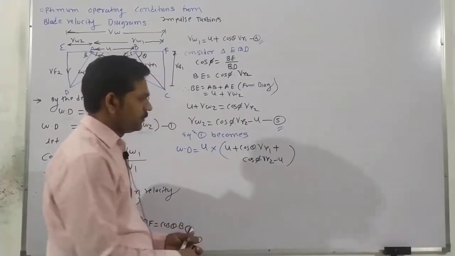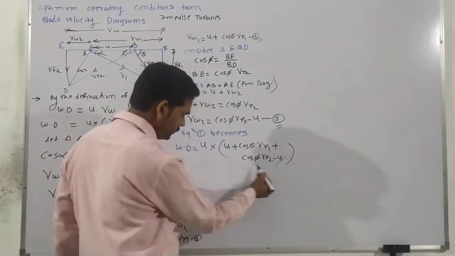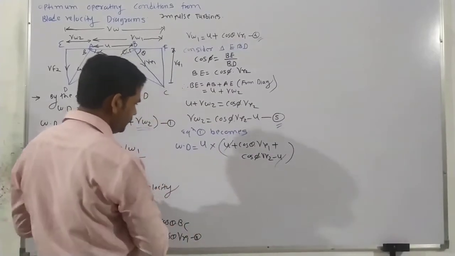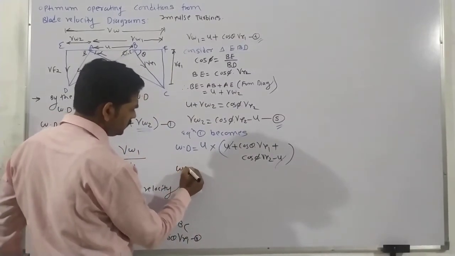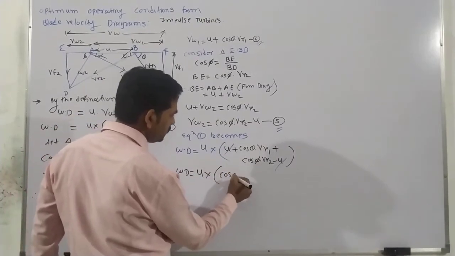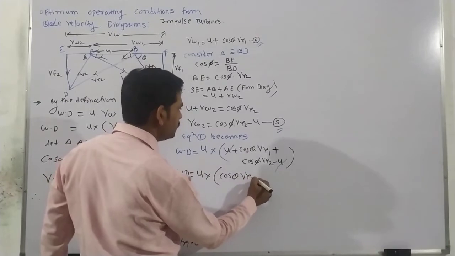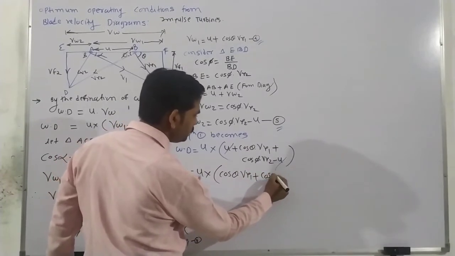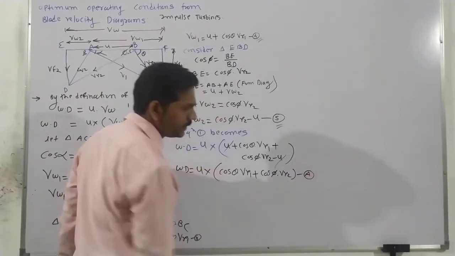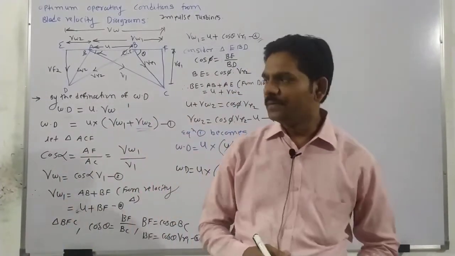This U and this U cancel, plus and minus. So the remaining equation is work done is equal to U into cos theta VR1 plus cos phi VR2. Suppose this is equation number A, capital A. We are getting this simple equation.